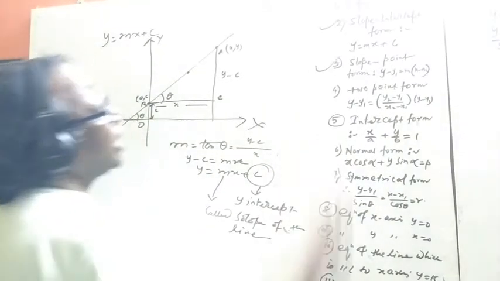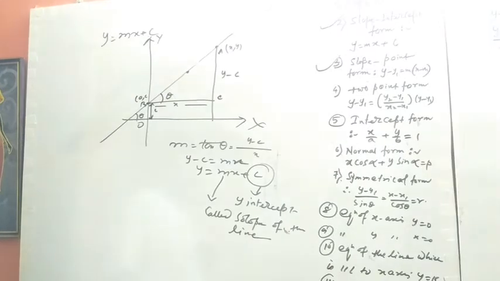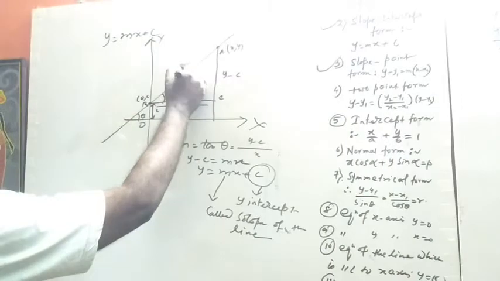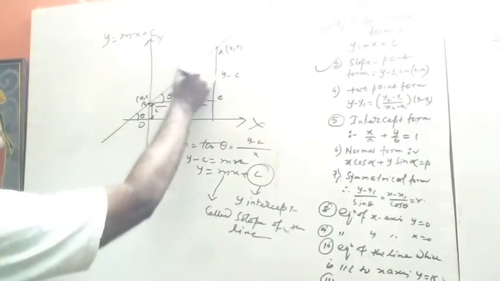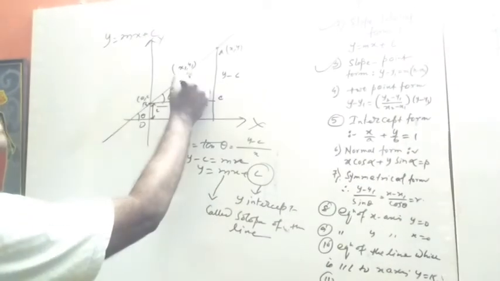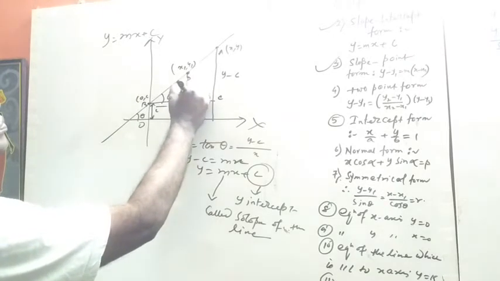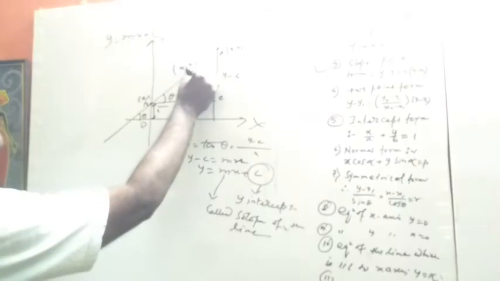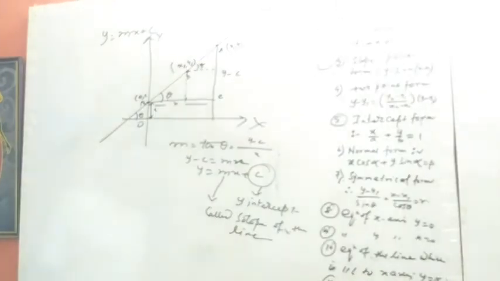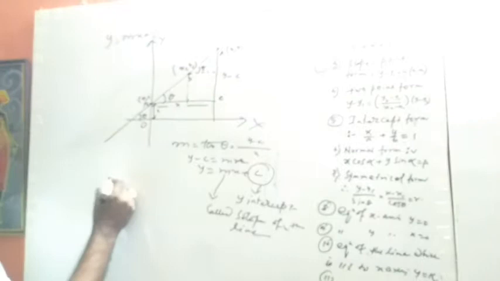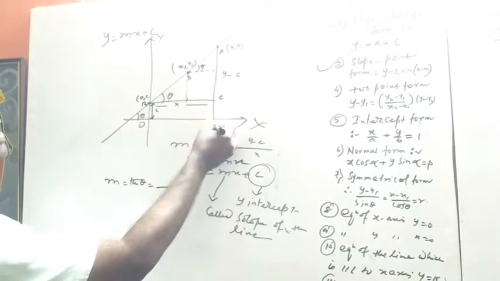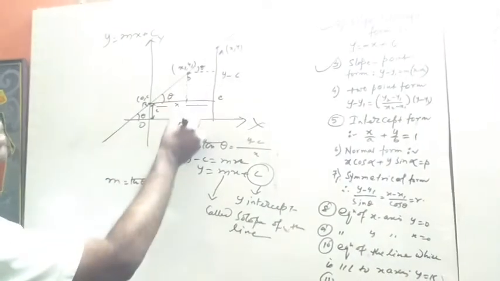Now, number third point, slope point form. If this line again passes through the point x1 comma y1, okay, so that is, let us assume D. If this is theta, theta will be theta also. Okay. Now again, m is equal to tan theta, this height is y and this height is y1.